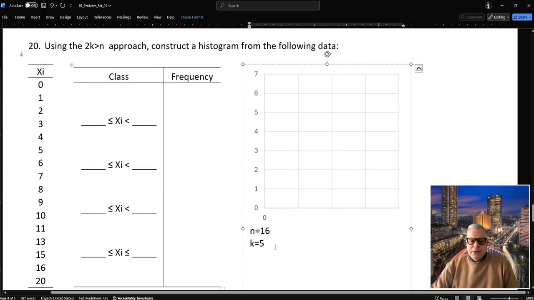Okay, so next we need to determine the class range, so we use the formula.